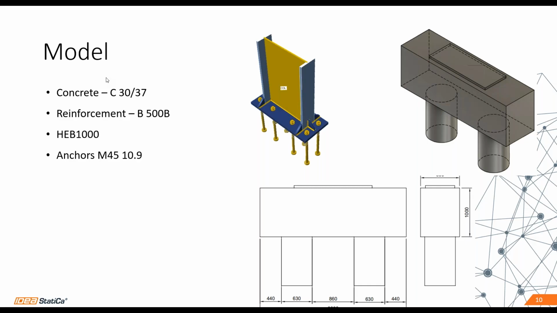model behind. The concrete which will be used for this pile cap is C30/37. The reinforcement rebars which will be used for design will be B500B. It's a standard reinforcement with the class B ductility.